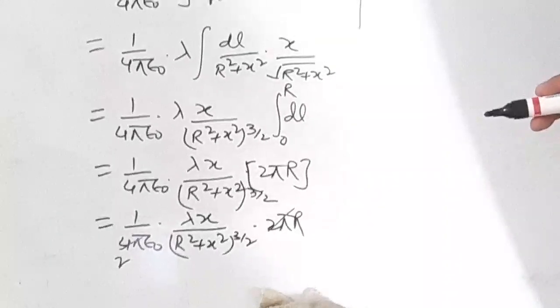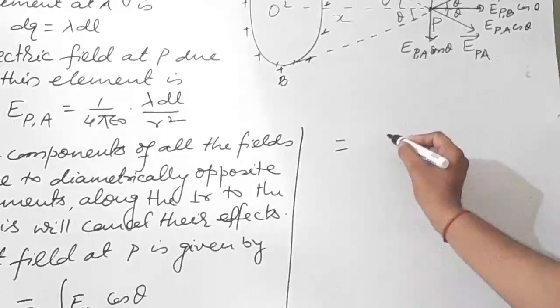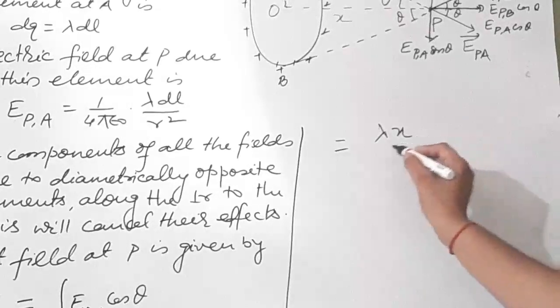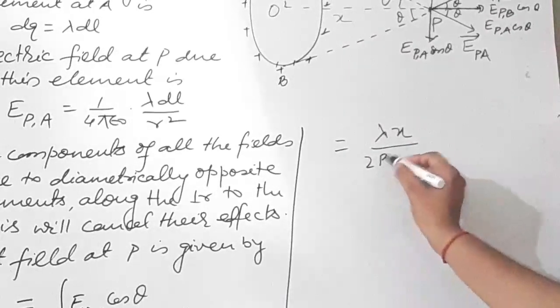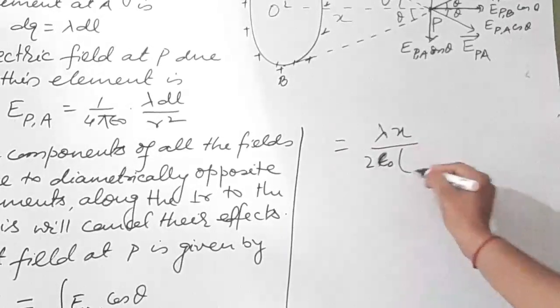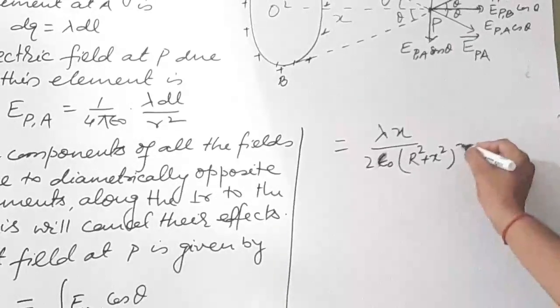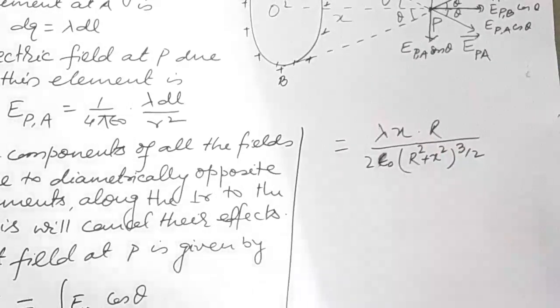R is here. From here you can write the new expression like this: lambda x by 2 epsilon naught into r square plus x square power 3 by 2, and this is r here.